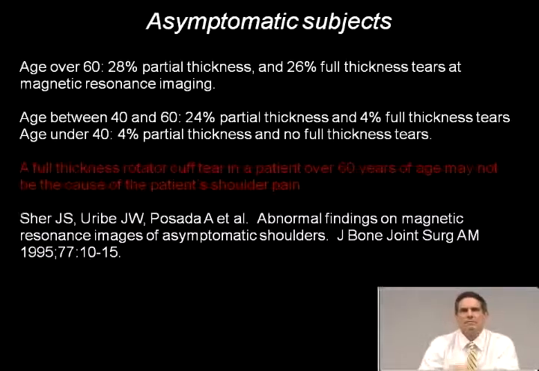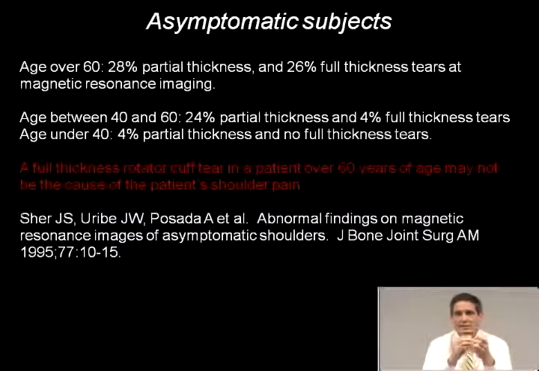Now, as noted on this slide, it's important not to overemphasize the relevance of a full thickness rotator cuff tear in an older patient. So as you see here, this study found that a lot of patients over the age of 60 will have full thickness tears, you may not even call them patients.